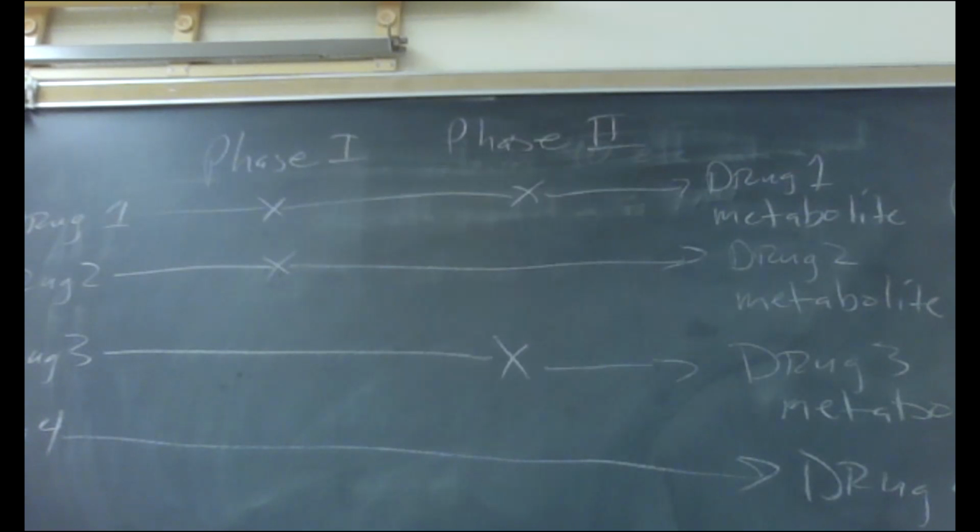The majority of people have so-called normal 2D6 activity. But then there are some who have a gene duplication of the 2D6 gene. They have multiple copies of it. And they are so-called ultra-rapid metabolizers.